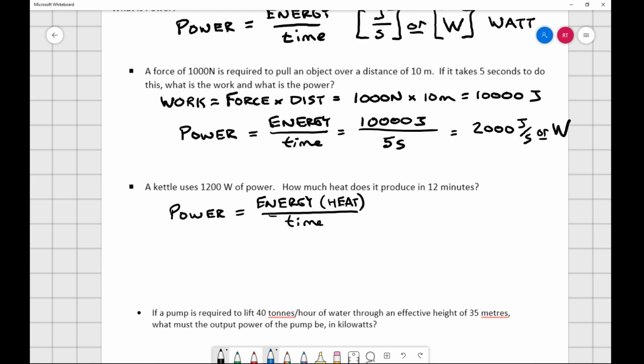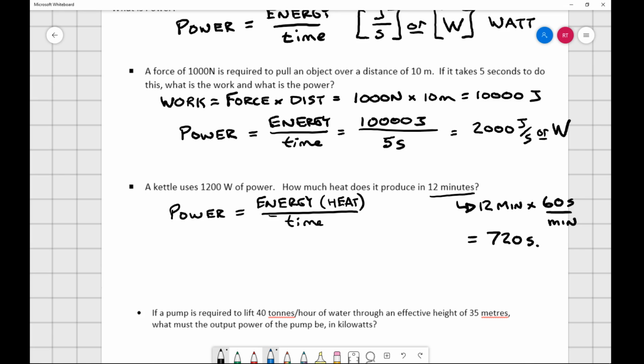We have one complication, which is that we have minutes. So 12 minutes times 60 seconds per minute is equal to 720 seconds.